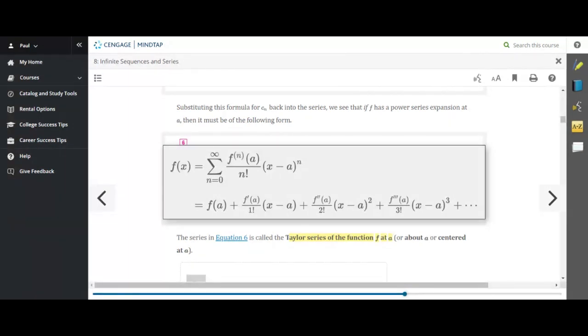I need to compute enough derivatives so I can determine the pattern for this. Once I determine the pattern of how the terms of the series act, I can get the series.